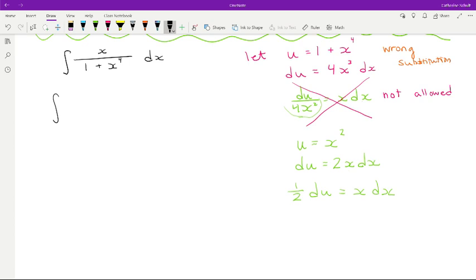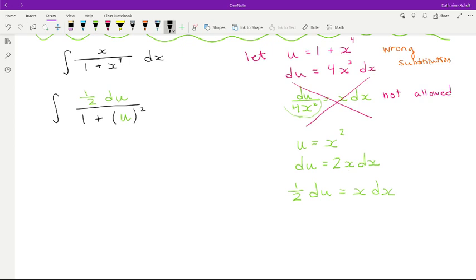Okay, so again, what did we decide? We decided that x dx becomes 1/2 du. And then on the bottom, 1 plus x to the fourth. Well, we're saying u is x squared. So x squared squared is x to the fourth, right?